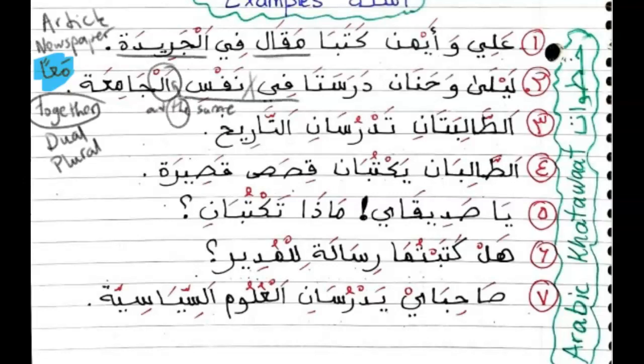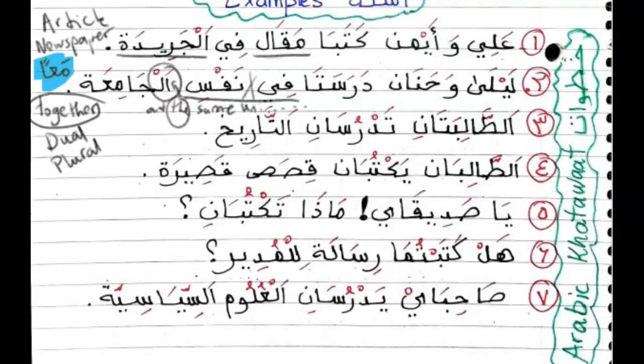At the same university. So university would come after same. Literally what you are saying is في النفس جامعة, but it would be incorrect. You have to place the definite article with the noun. الجامعة. في نفس الجامعة.